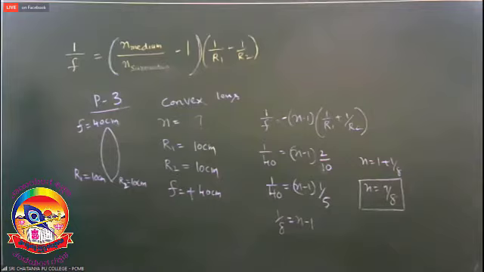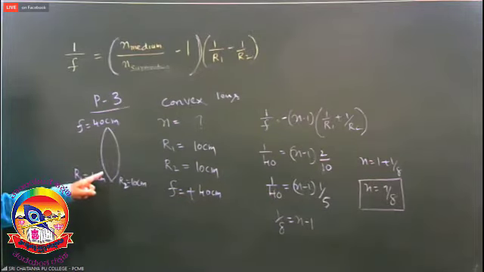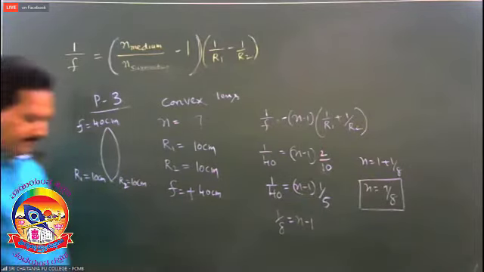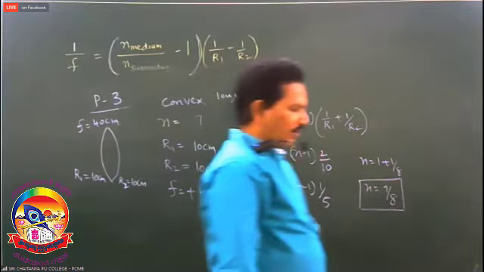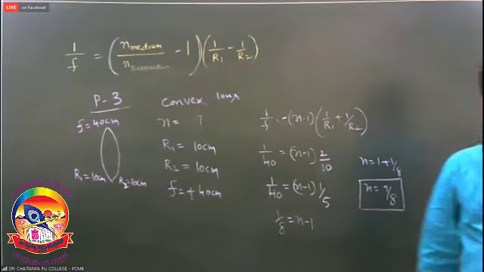What is given in this problem? The focal length of the lens, 40 centimeters. Radius of curvature for both of them is same. Equiconvex lens, 10 centimeters, 10 centimeters. You are asked to calculate the refractive index of the material of the lens.